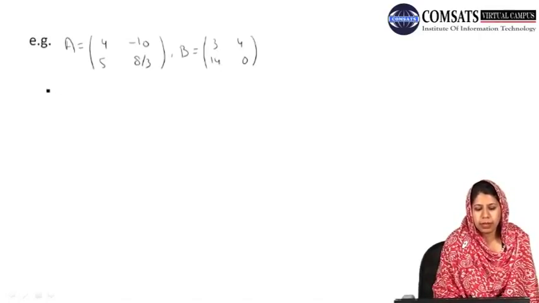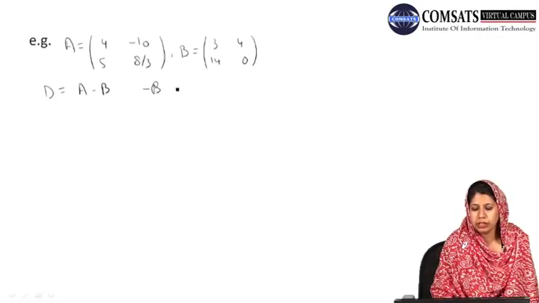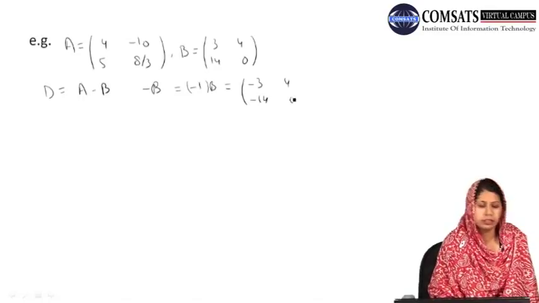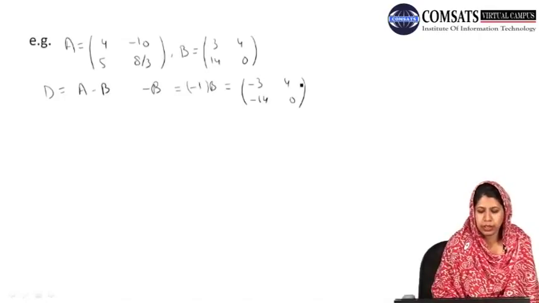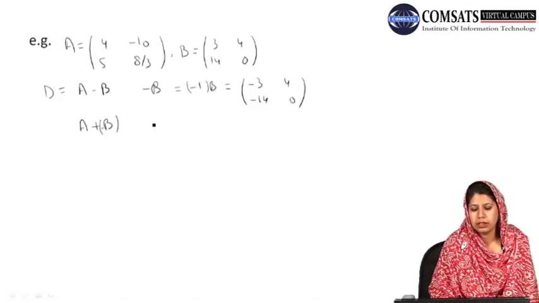And we want to find our matrix D, which is nothing but the difference of A and B. Then in this case, first we have to multiply our matrix B by the scalar -1, which gives -3, -4, -14 and 0.